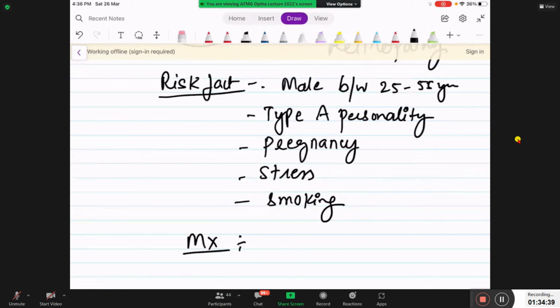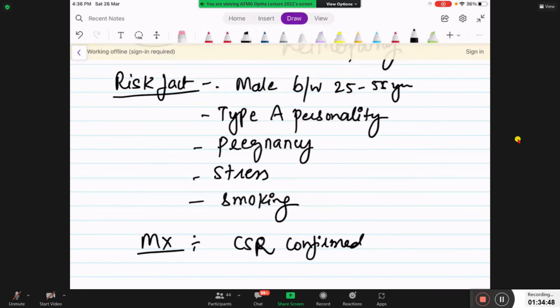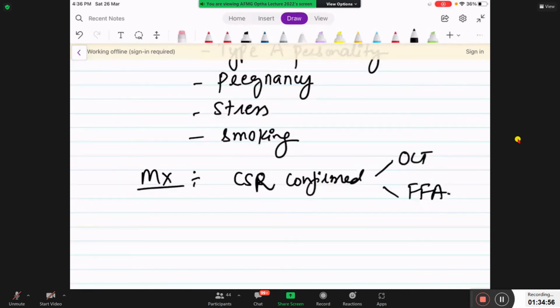Okay. Now coming to management. CSR is confirmed by which two investigations? OCT and FFA. On FFA, you will see two findings.